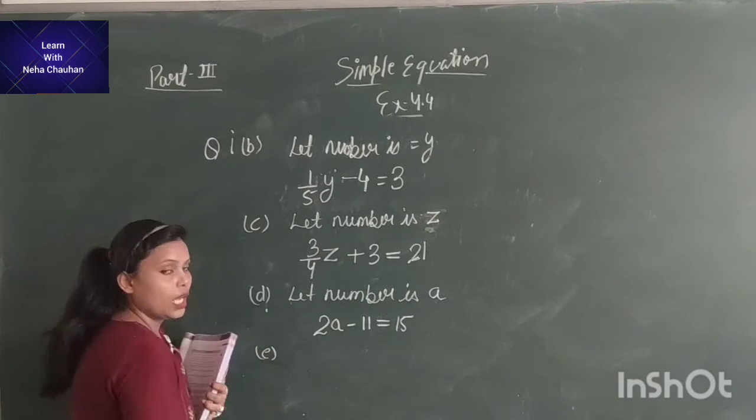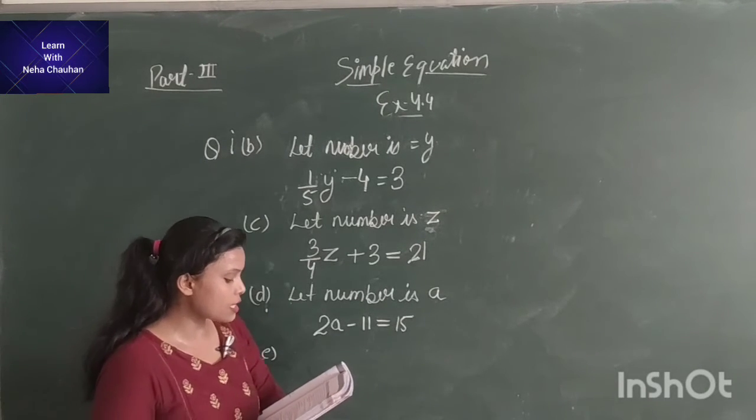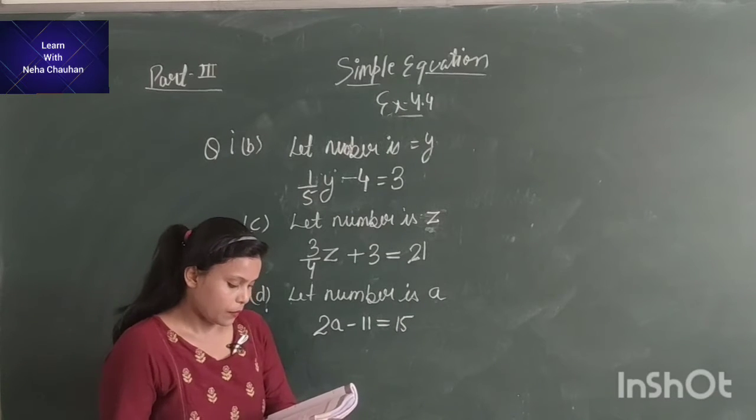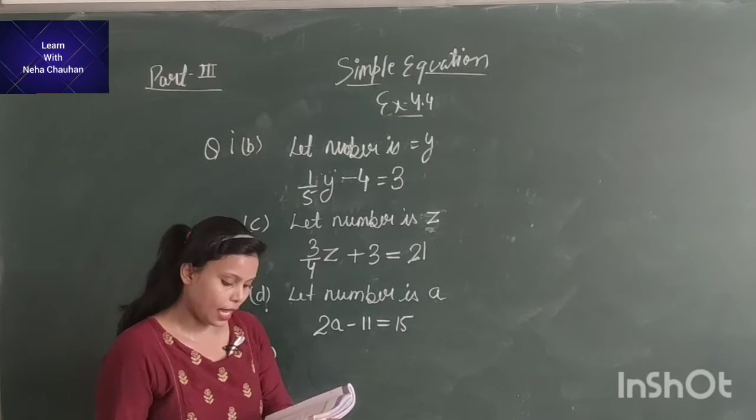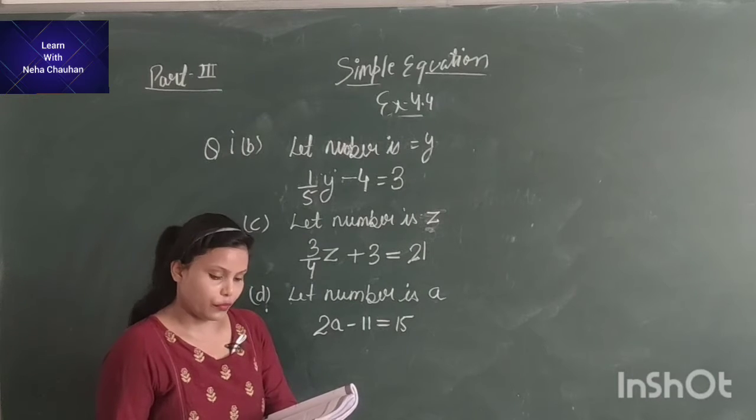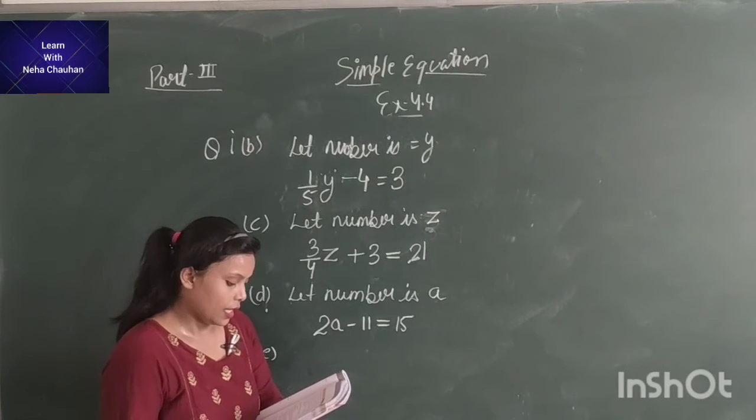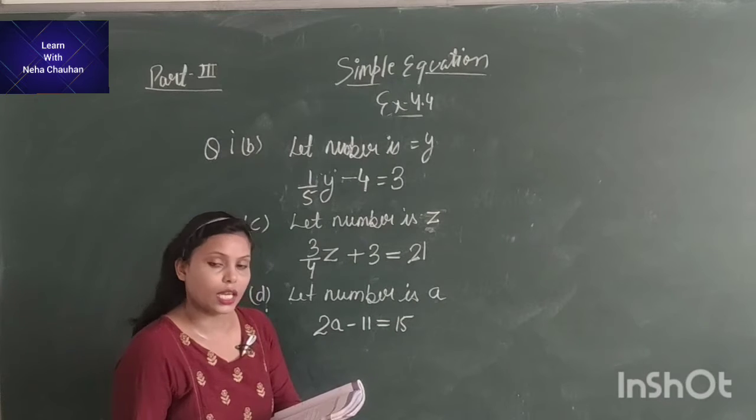Let's do the next part: Munna subtracts thrice the number of notebooks he has from 50. He finds the result to be 8.